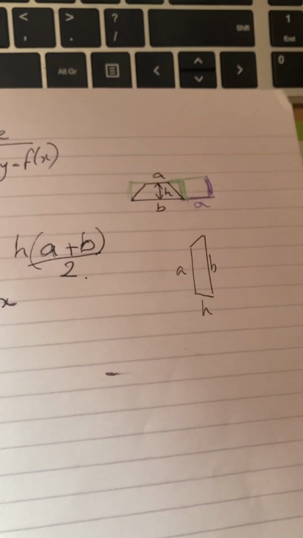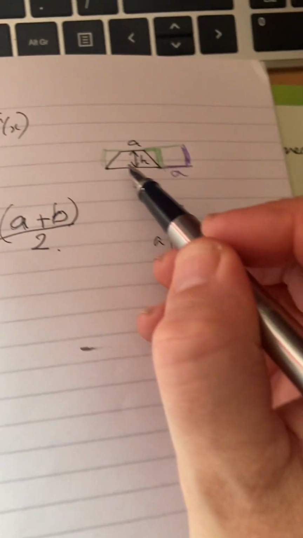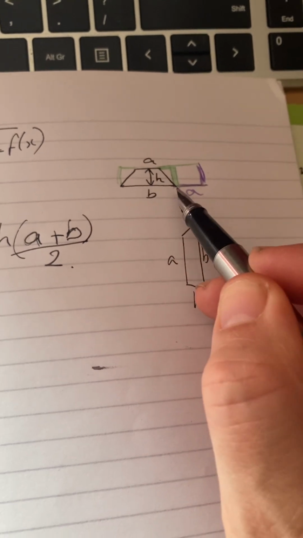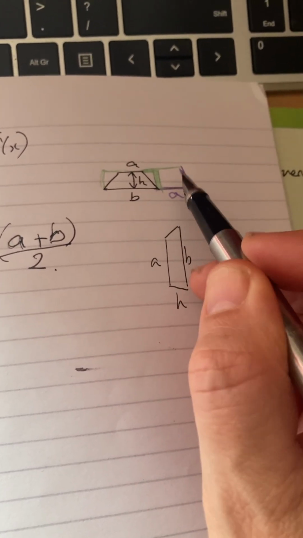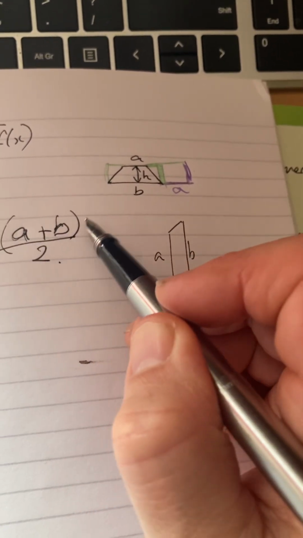Now let me explain that a bit more from the diagram. We're going to take a plus b, so I'm going to add on the length of a up here. So this length here is b plus a, and this length up here is the same length, a plus b, which is where this comes from.